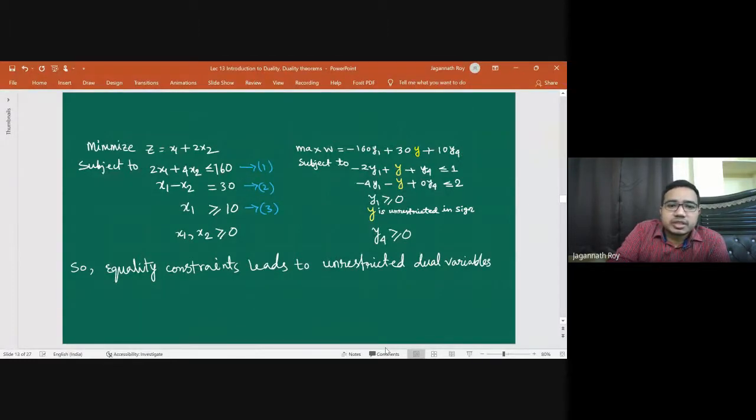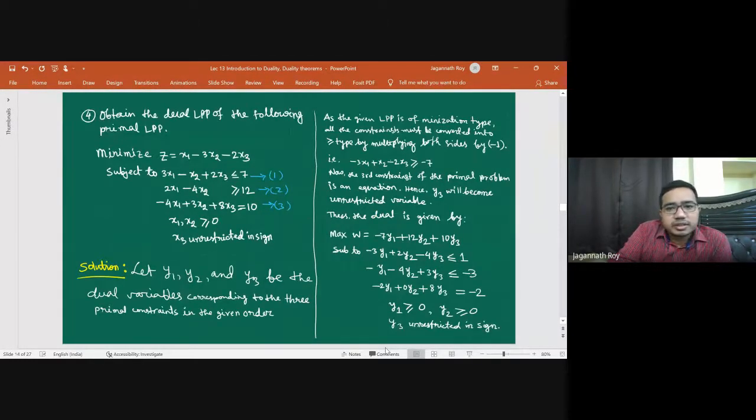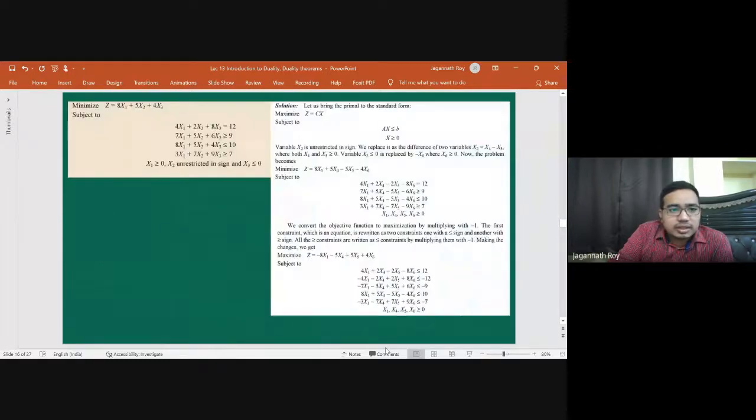Same types of examples are there, so you can look at these problems, and this is very important. Here everything is considered: equality, then greater than type, less than type, again greater than type. Finally, x1 is greater than type, x2 is unrestricted, and x3 is less than type.